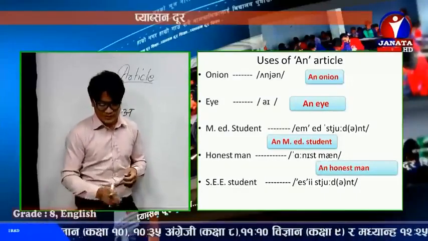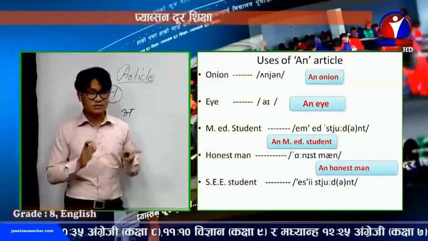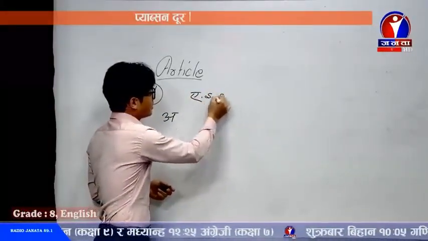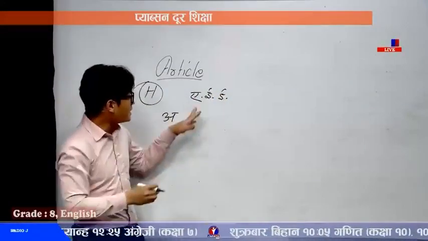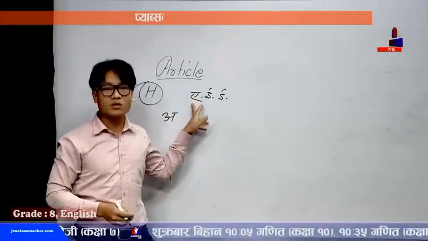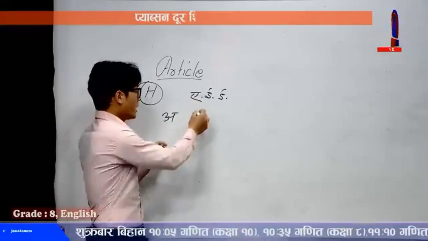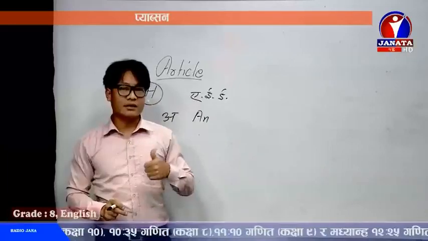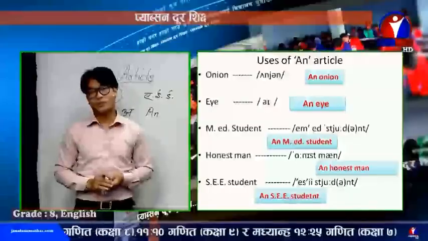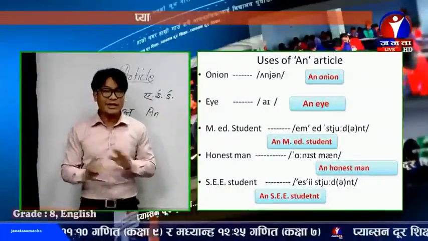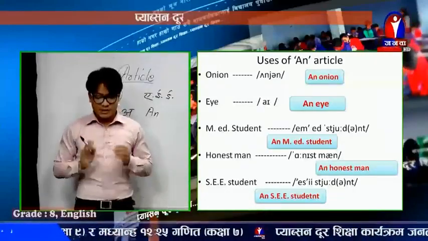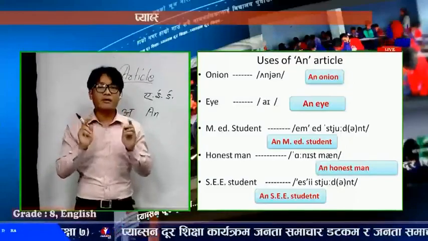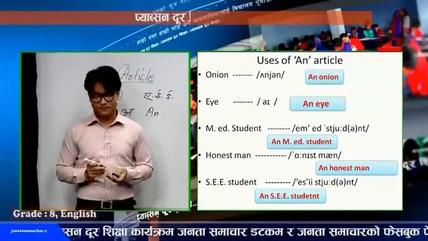Its pronunciation is S-E-E, so you know that this sound is a vowel sound, so we are going to use an indefinite article. You can see in the slide too. So I hope you are clear that a vowel sound takes an indefinite article.